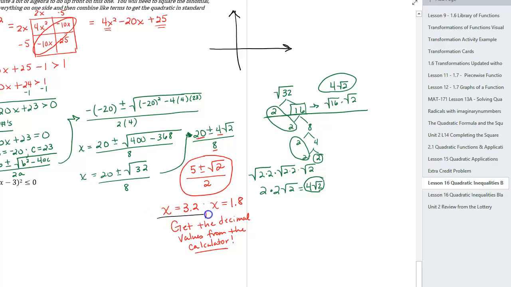The 2 x-intercepts are 1.8 and 3.2. I need to find out if it's opening up or down. Since A is positive here, A is equal to 4, which is positive, which means the parabola opens up.